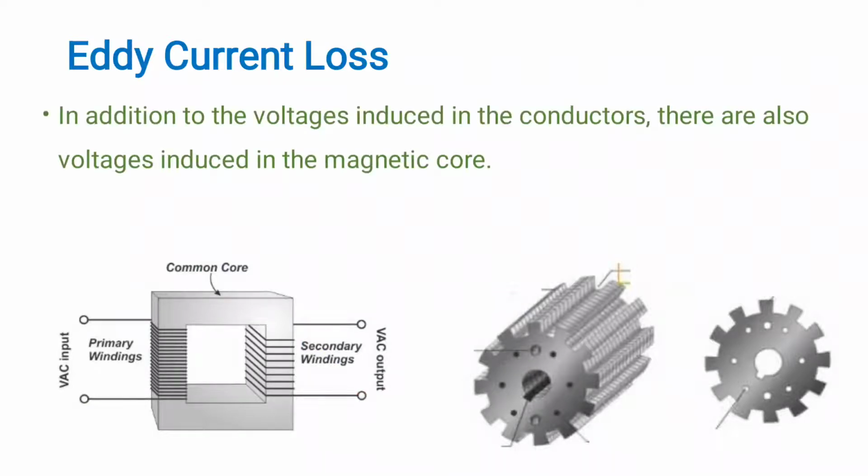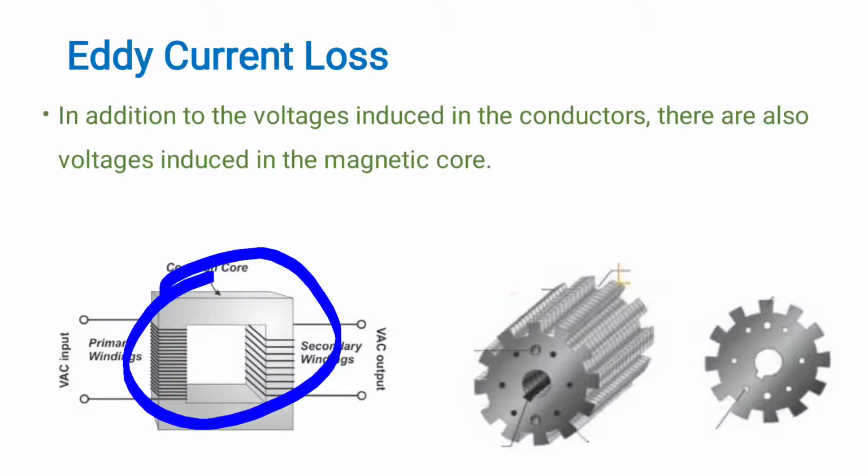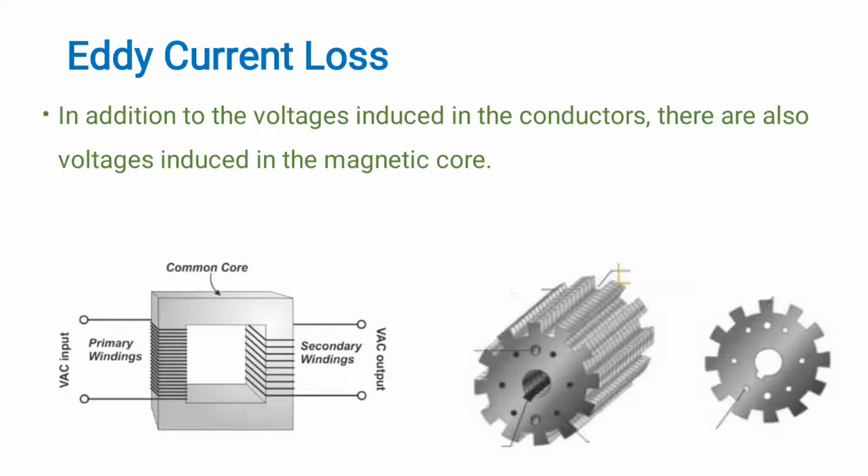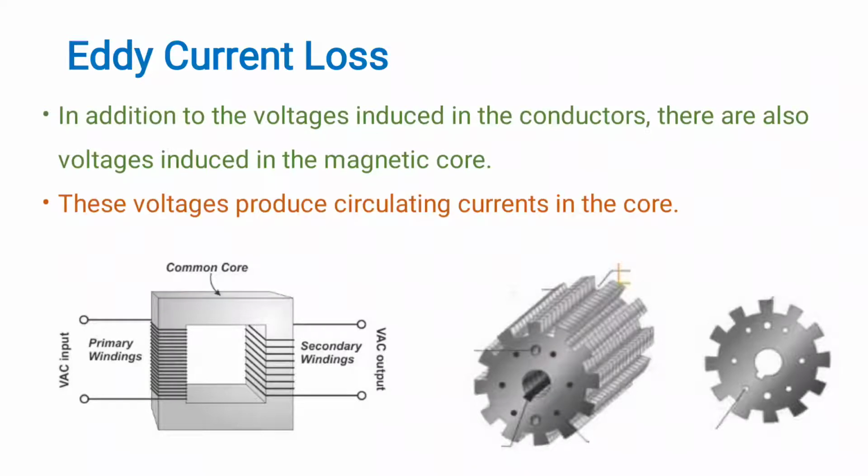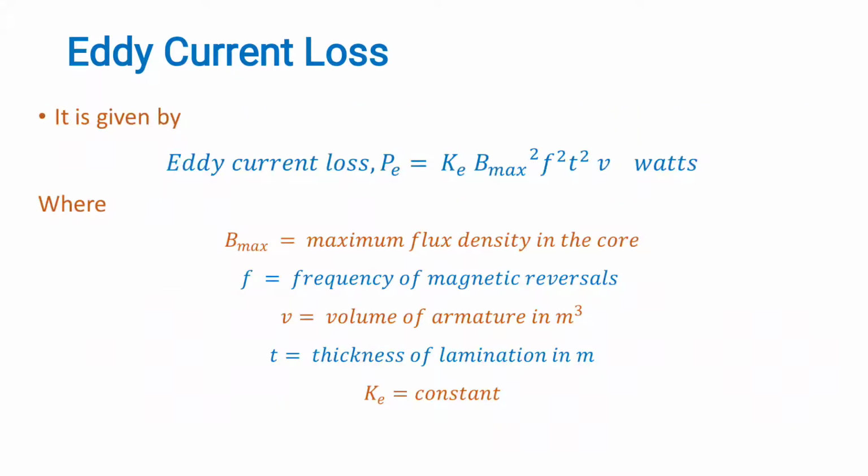The next type of loss is eddy current loss. In addition to the voltage induced in the conductor, since an EMF is induced in the conductor, there is also a voltage induced in the magnetic core. These voltages produce circulating currents in the core, and because of that current there will be a power loss.